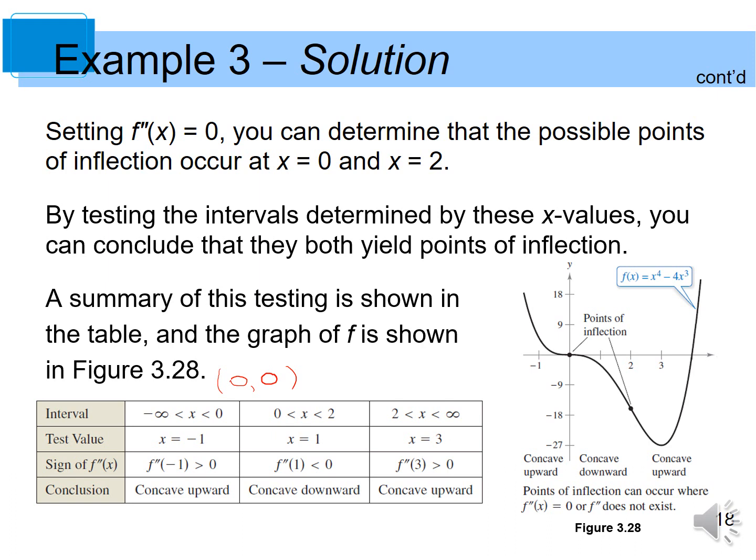And look at this point. This is the point where x equals 2. Is this point a point of inflection? Based on this result, the curve changes from concave downward to concave upward.